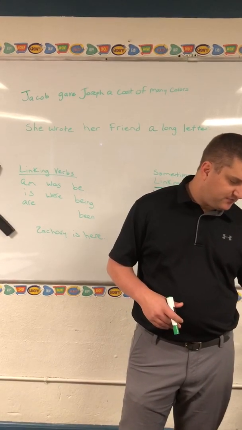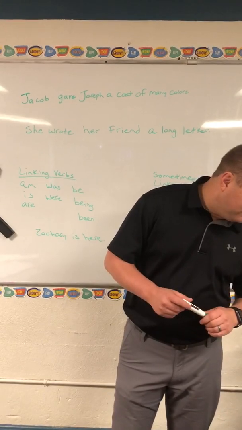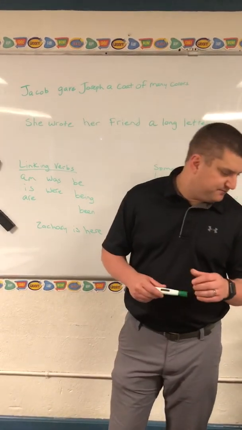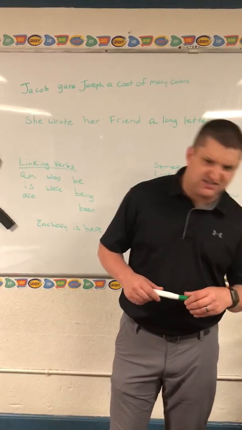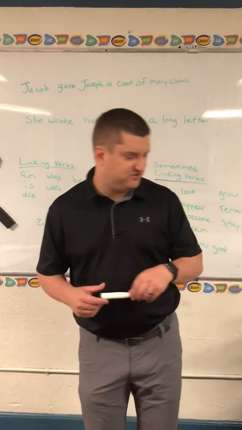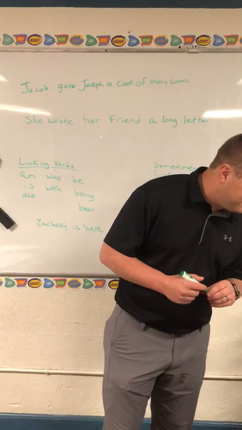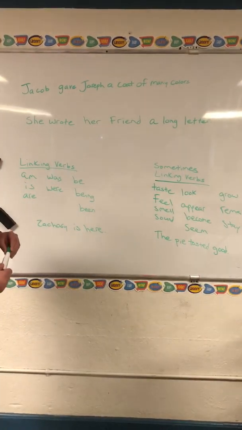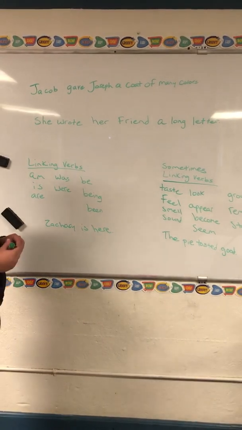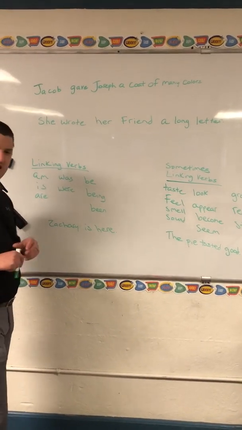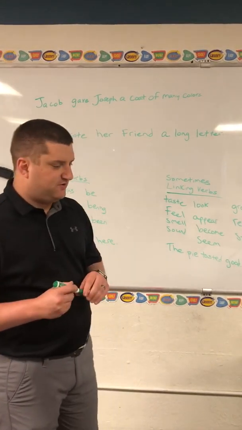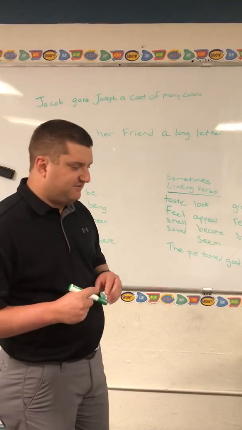So, for example, on page 276, just do letter C. You have the sentence that says, Jacob gave Joseph a coat of many colors. What I do first is go all the way back to the first week or two of marking up a sentence, and I would do that again.